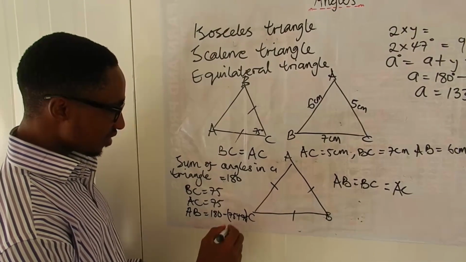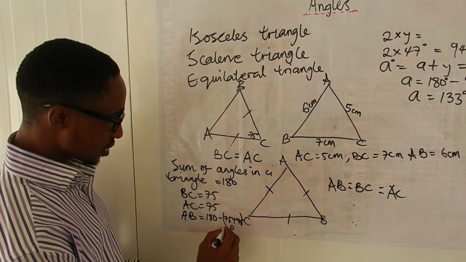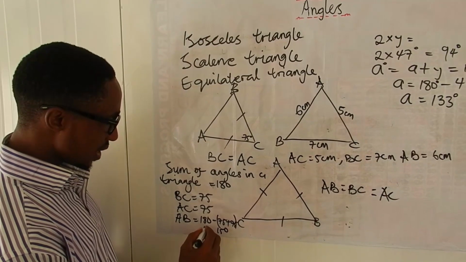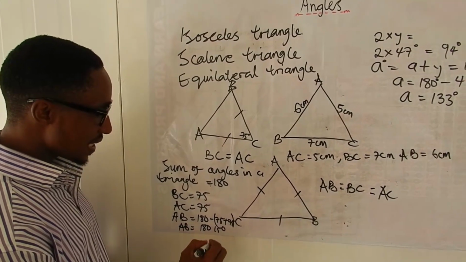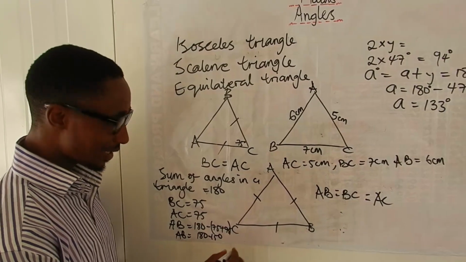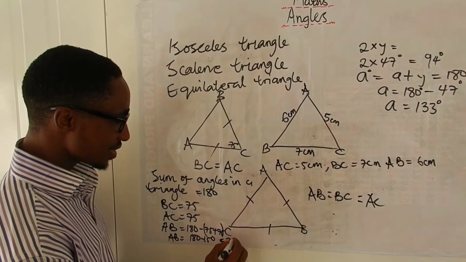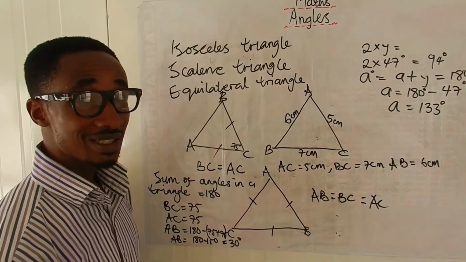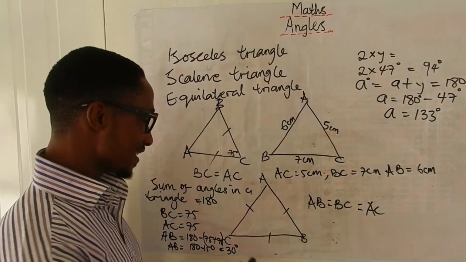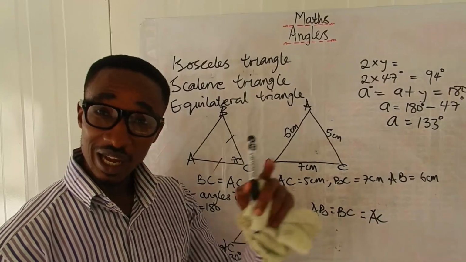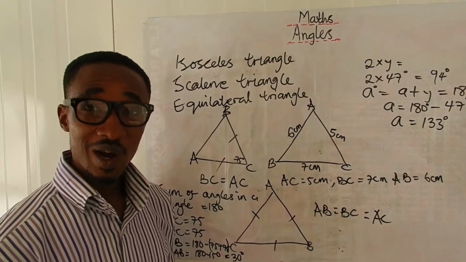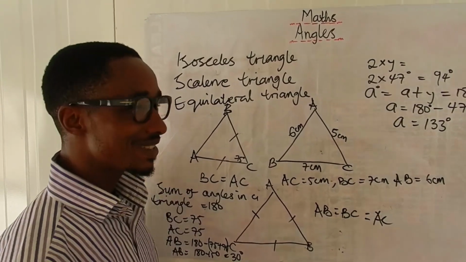Okay, 75 plus 75 gives us 150. AB equals 180 minus 150. This gives us 30 degrees. So the answer to that mental drill is 30 and 75 degrees. One of the angles is 75 degrees, while the other angle is 30 degrees.